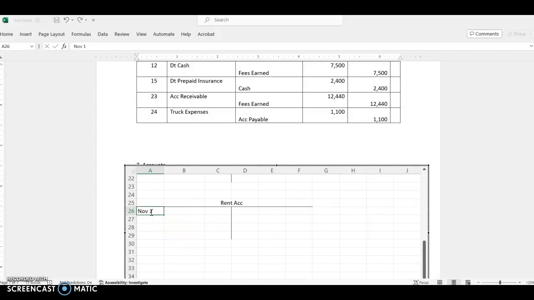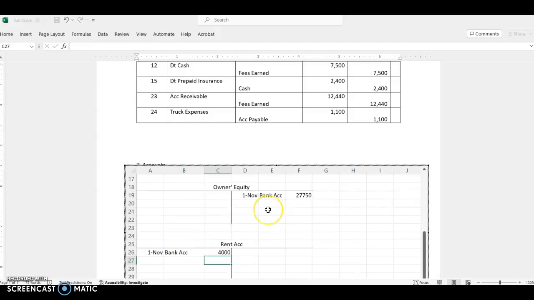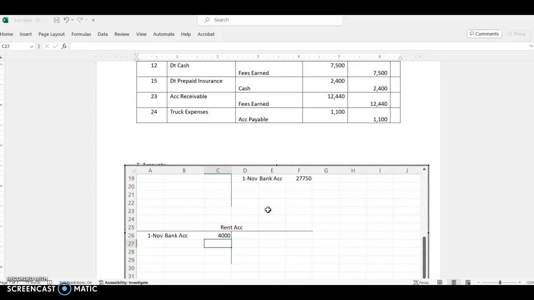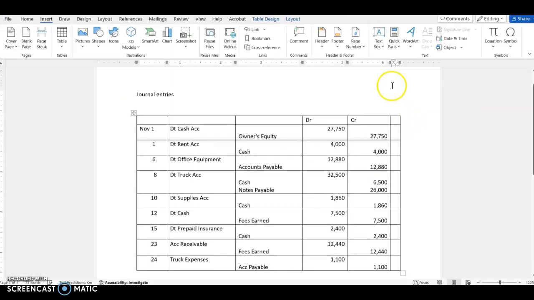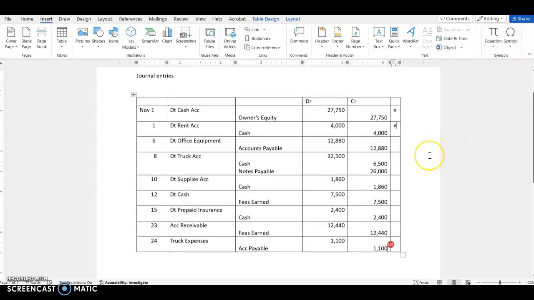November 1st, bank, 4,000. Okay, done with the first one. We'll tick this one to show that we have done it.